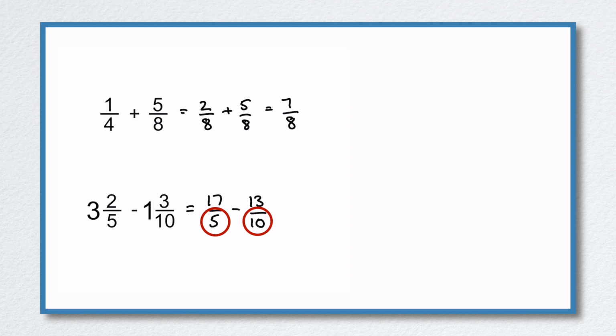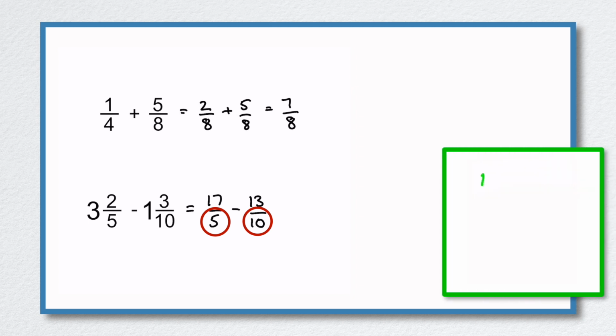We can see that both denominators are different. So we need to rewrite these fractions so that they have the same common denominator, ideally the lowest common denominator. We know that 10 is a multiple of 5 because 10 is in the 5 times table. So actually 10 is going to be the lowest common denominator.